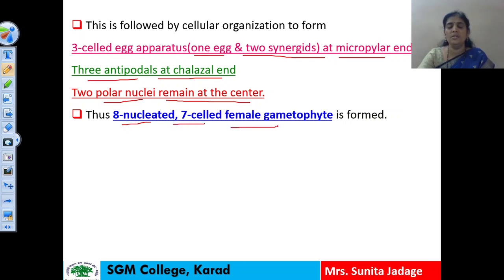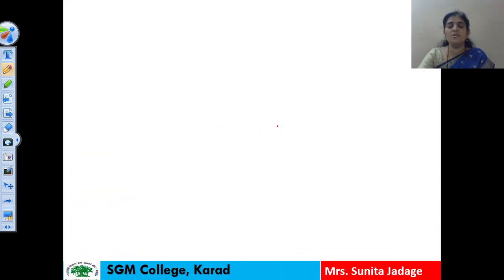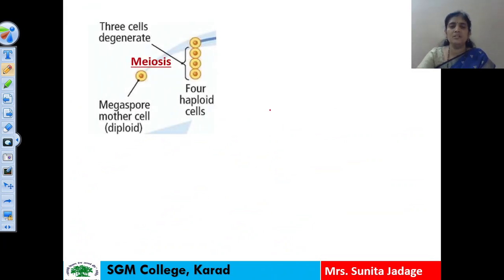Now let us see how this 8 nucleated 7 celled female gametophyte is formed from the diploid megaspore mother cell with the help of this diagrammatic representation. So here this is the first megaspore mother cell, which is diploid. It undergoes meiosis, and 4 haploid cells are formed. You can see here from the diploid megaspore mother cell 4 haploid cells are formed.